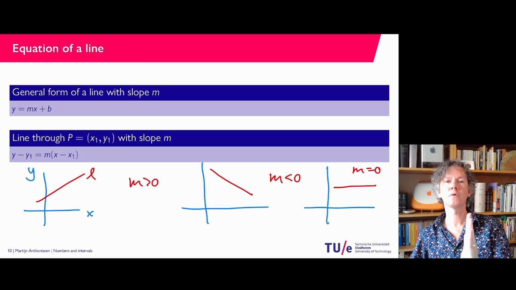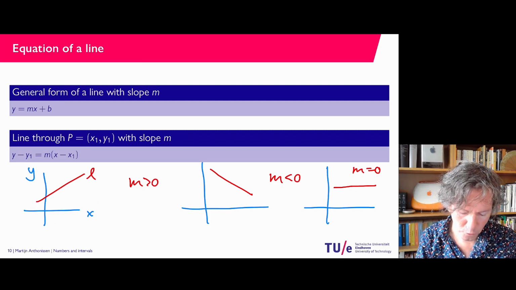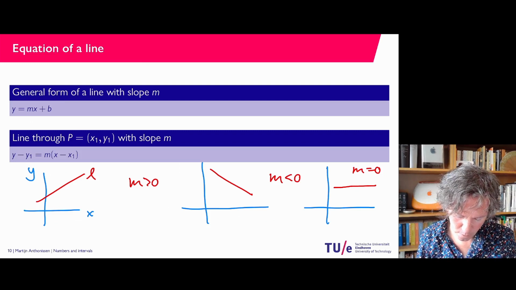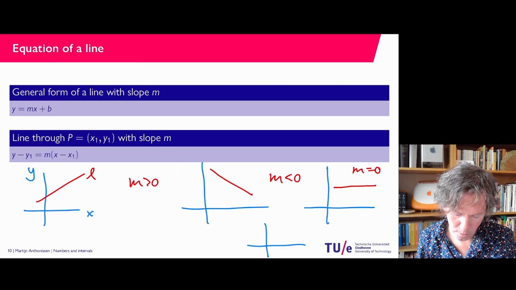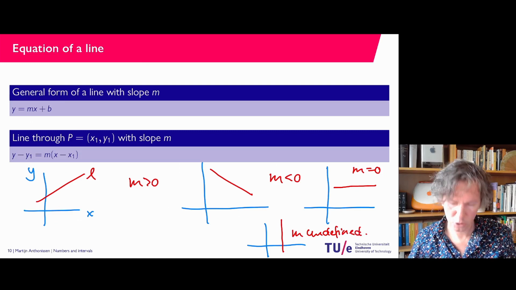If you have a vertical line, then the slope is undefined, because a vertical line has equation x is 0, x is 1, x is 10, whatever, and y is not in there, so there is no slope in there. So if you have a vertical line like this, then m is undefined. So then there is no slope.